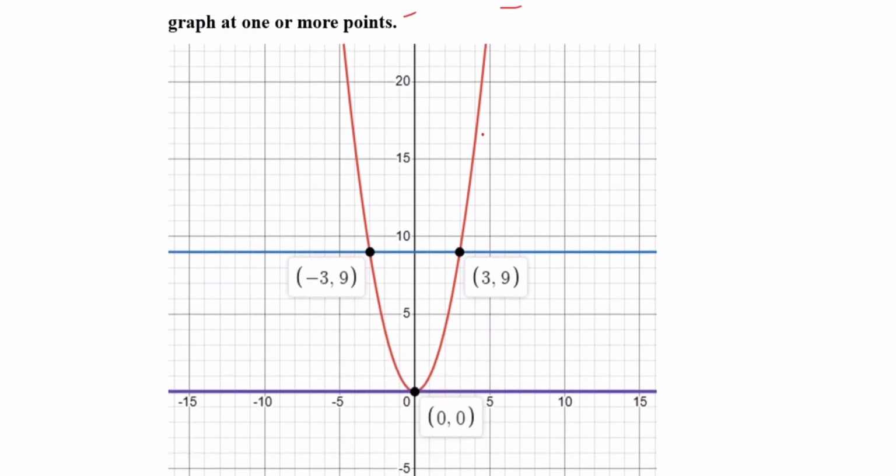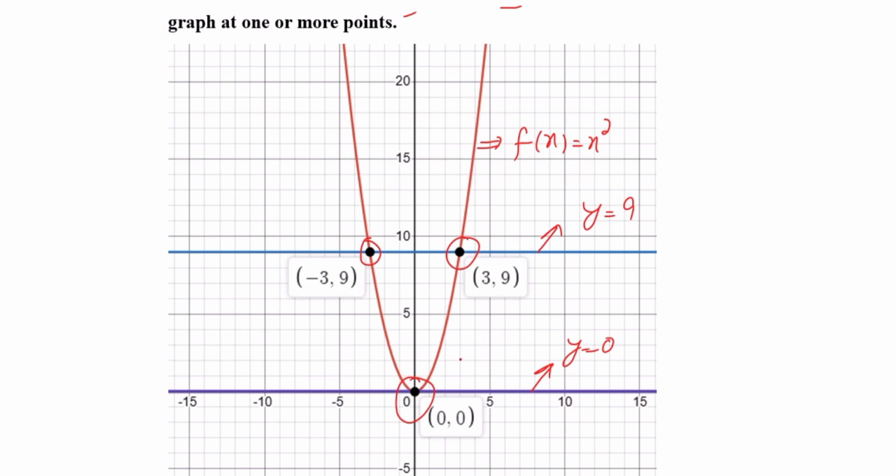This is the graph of the parabola f of x is equal to x square. You can see that this blue horizontal line is actually the line y is equal to 9. This cuts the graph at 2 points, at 3,9 and minus 3,9. Again, this is the x-axis, that is actually the line y is equal to 0. This touches the graph at 1 point, the origin.